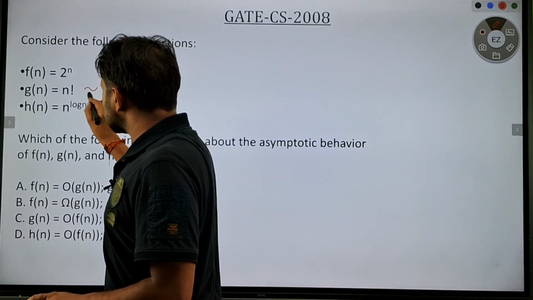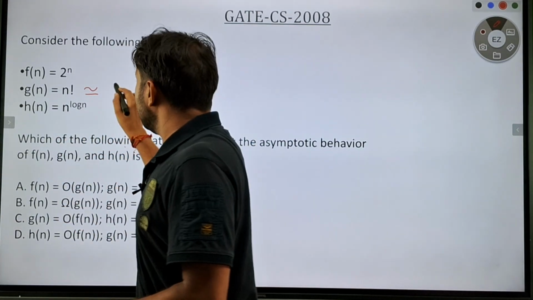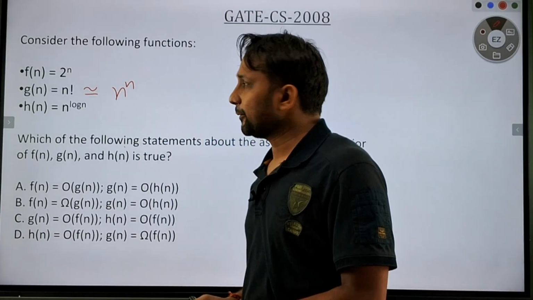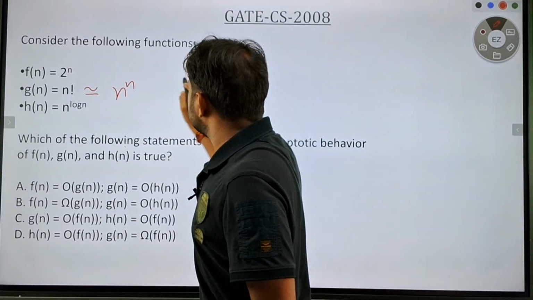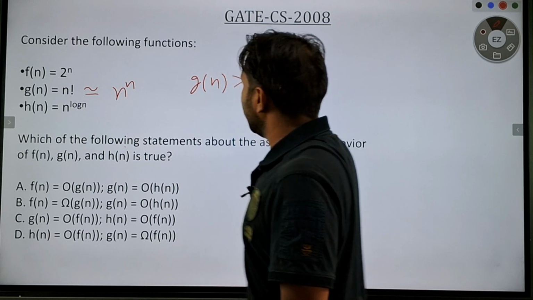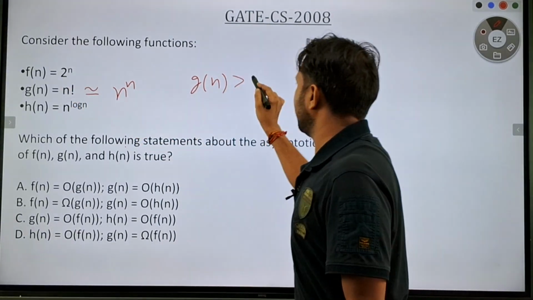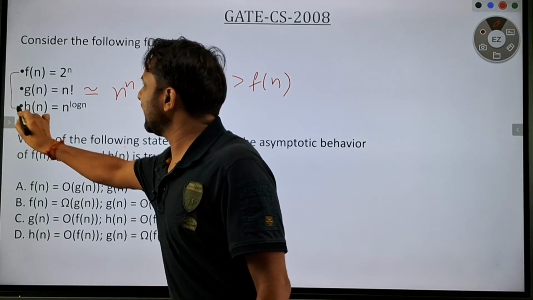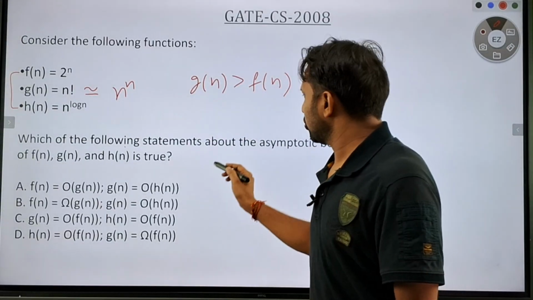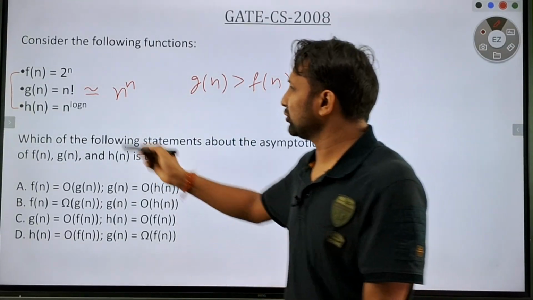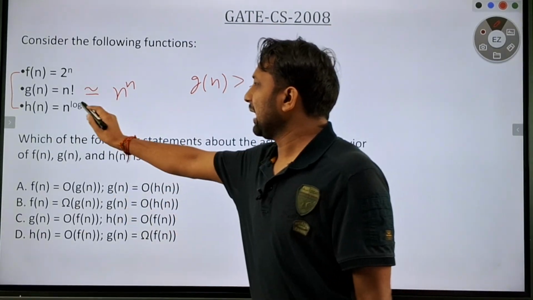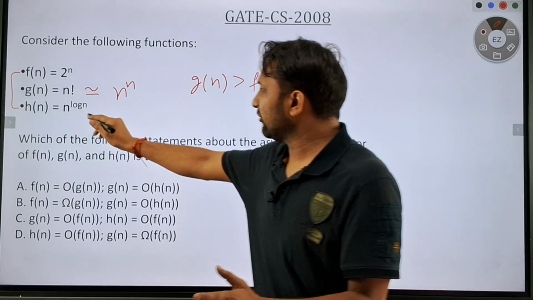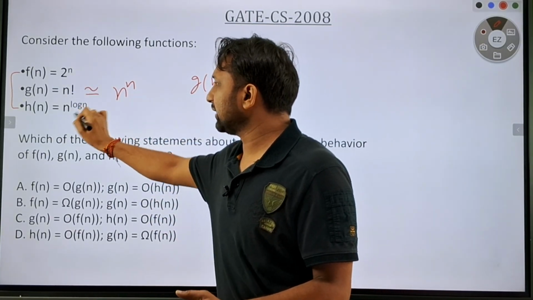You can replace n factorial with n power n, and when you see n power n, that is greater than 2 power n. So gn is greater than fn. One thing I can write. Now let me compare fn and hn. From the previous question itself you know that 2 power n is greater than n power log n. We already solved it by taking log on both sides, and we found that 2 power n is greater than this.